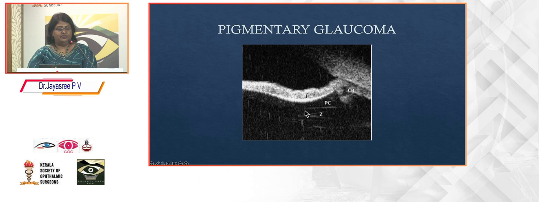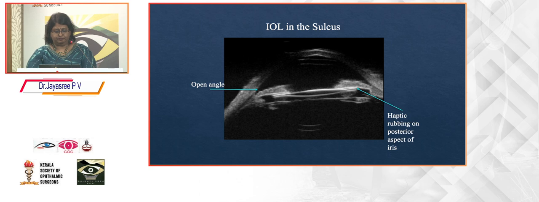These zonules will rub against the posterior aspect of the iris, and this releases the pigments, and PI definitely helps in this pigmentary glaucoma. If you do a PI before severe pressure increases happen, this reverse pupillary block goes off and the patients are relieved of reverse pupillary block. It is the treatment.